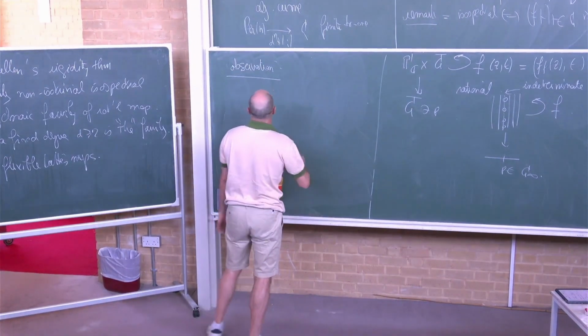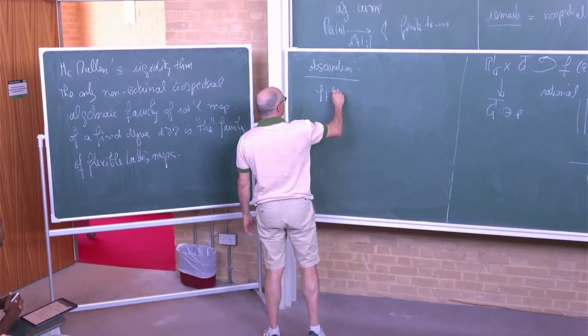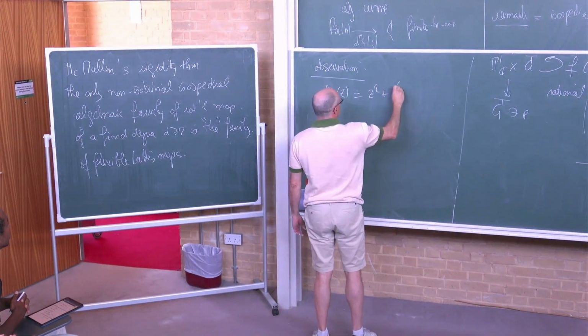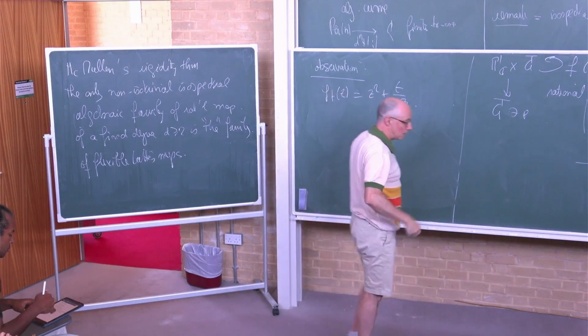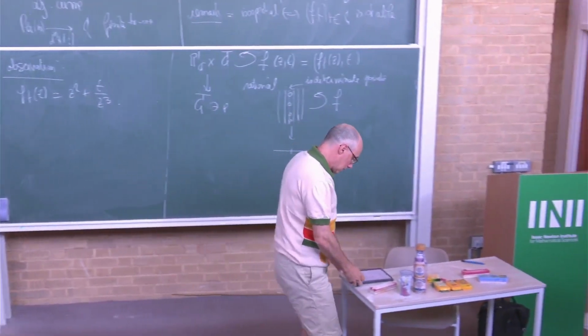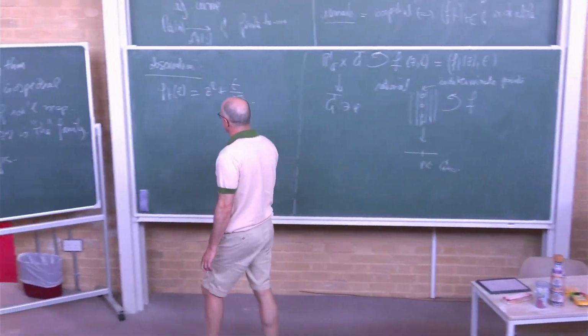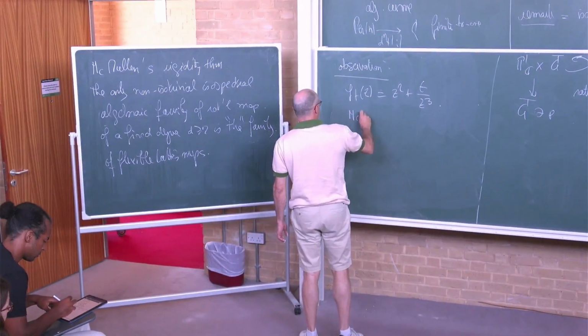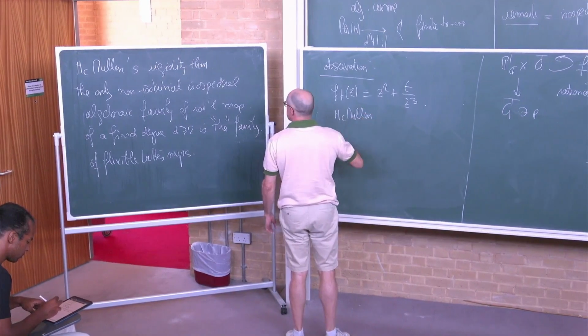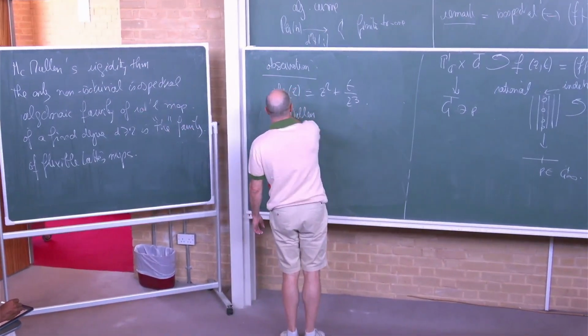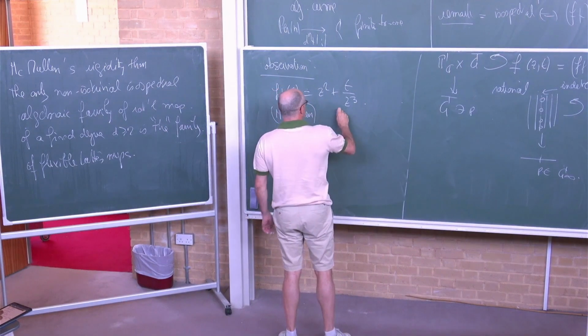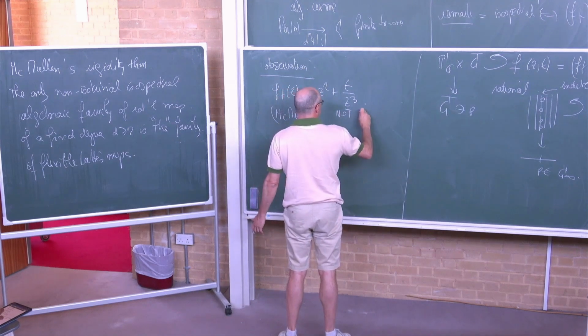So we looked at the MacMullen family, f_t(z) = z squared plus t over z cubed. It's not in the same paper, right? And this is not a flexible Lattès family.